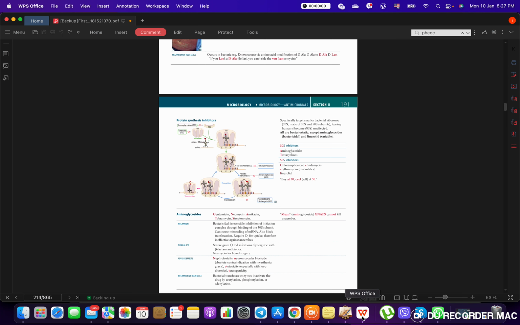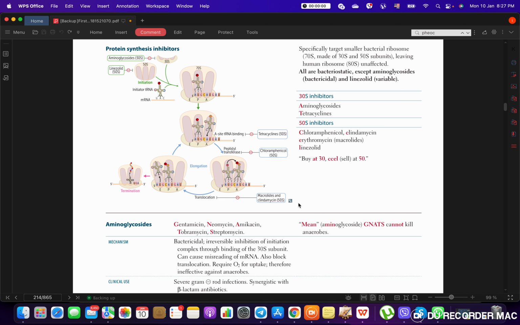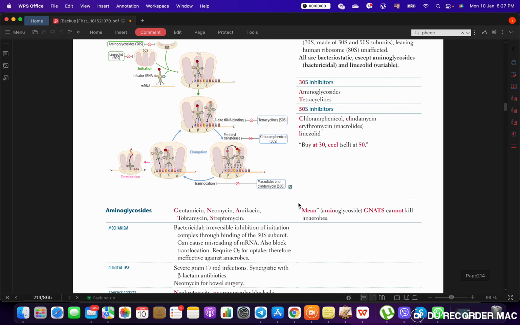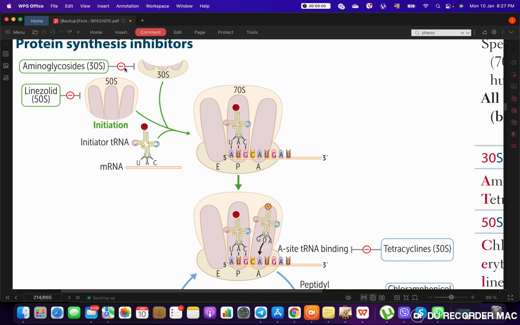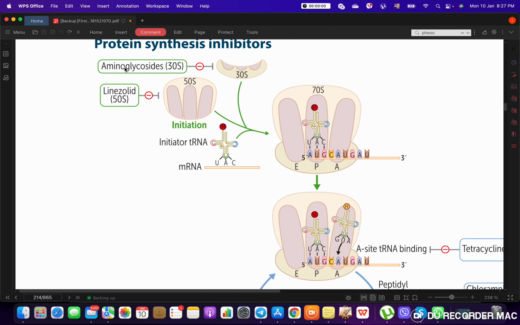So next thing, let's see. We have the protein synthesis inhibitor antibiotics. Well, if we speak about ribosomes, they include 2 subunits. The first one is the 30S subunit and the 50S subunit.